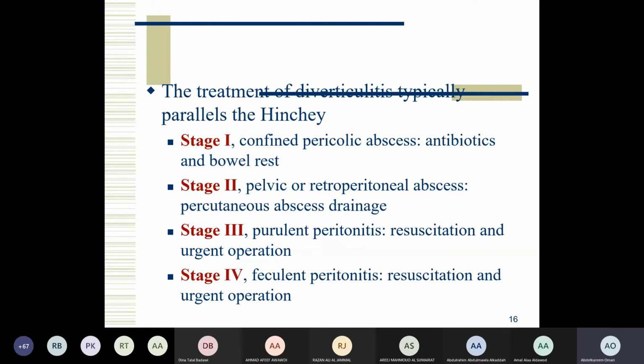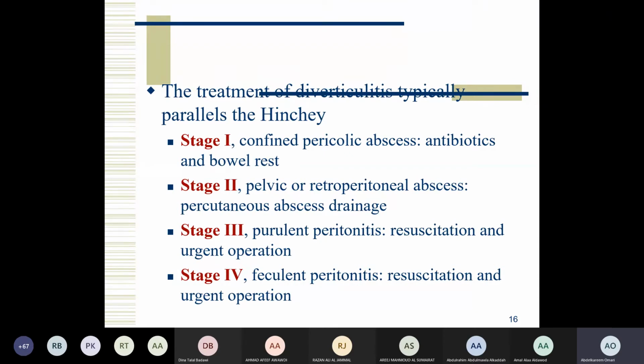But nowadays, what we do is aspirate the pus in radiology. We place a catheter for the patient, and usually after we control the disease, we do the surgery.